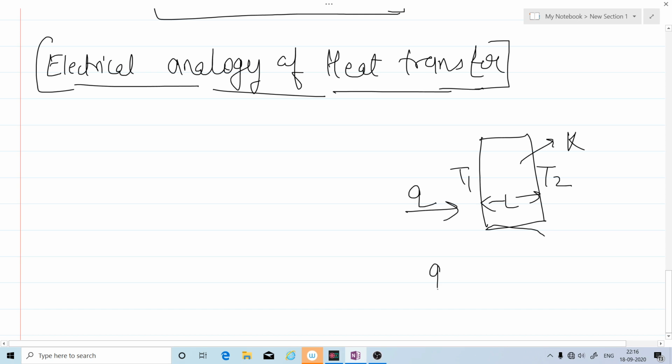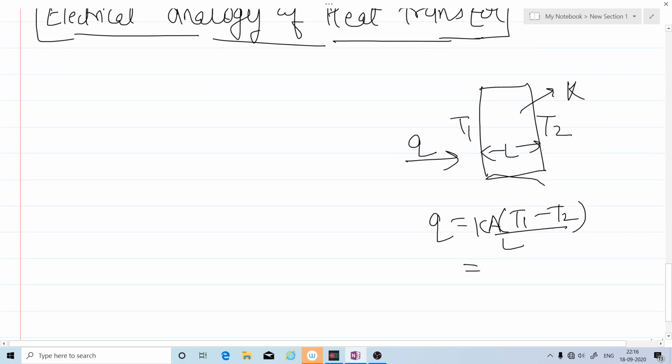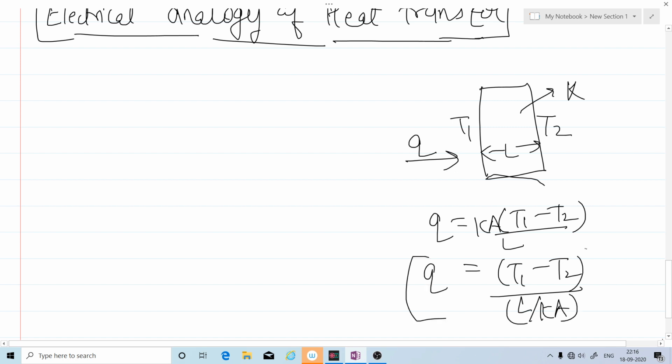The heat transfer is T1 minus T2 times Ka over L. We can rewrite it as T1 minus T2 divided by L divided by Ka, bringing K to the denominator. This is how we can write thermal conduction heat transfer through a rectangular slab.